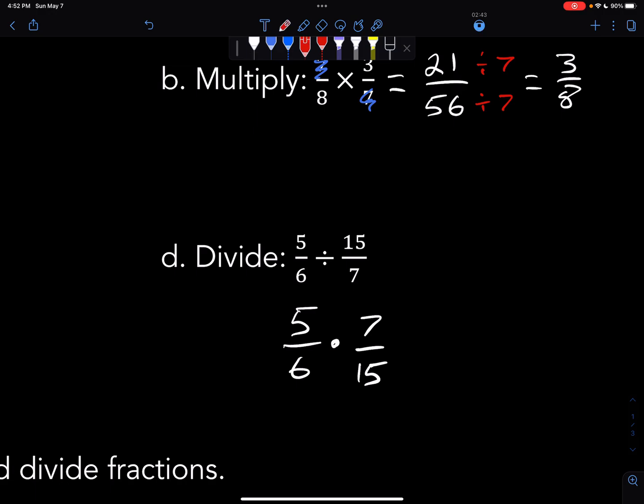You may notice here we can cross cancel. 5 divides into 15 3 times. And then we just multiply straight across again, top and bottom. 1 times 7 is 7. 6 times 3 is 18. And that fraction is reduced.